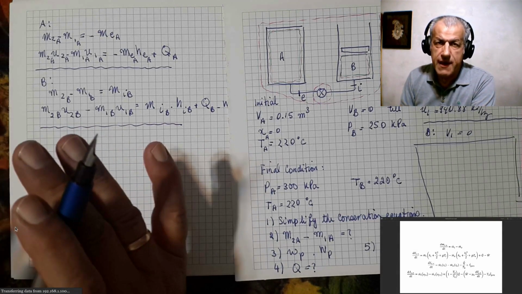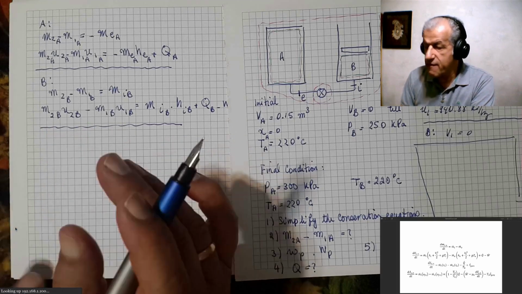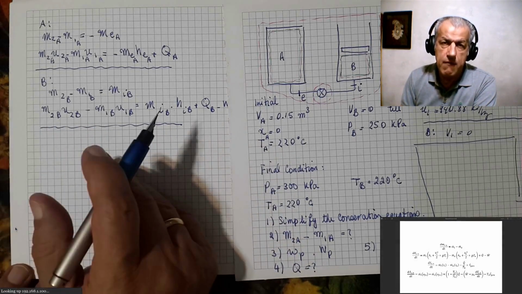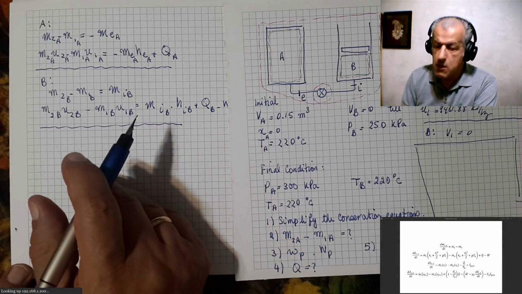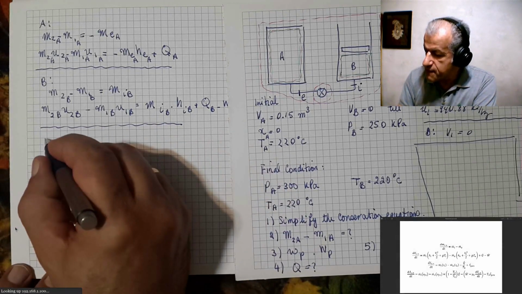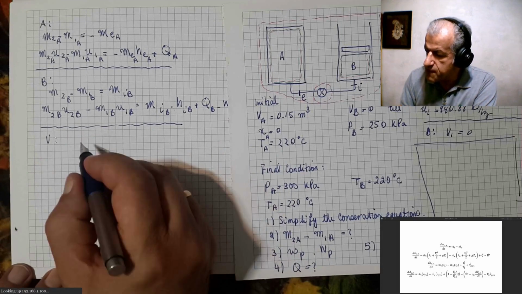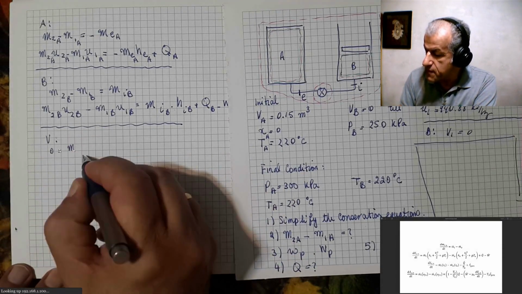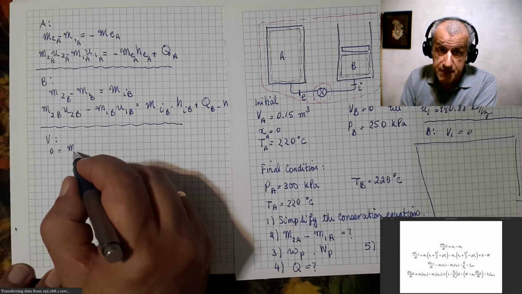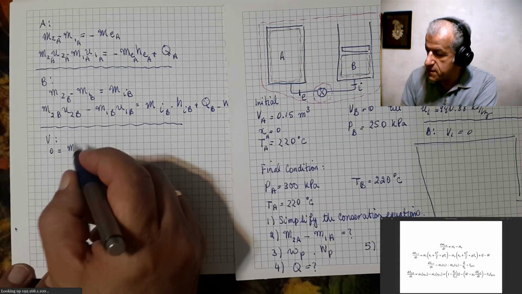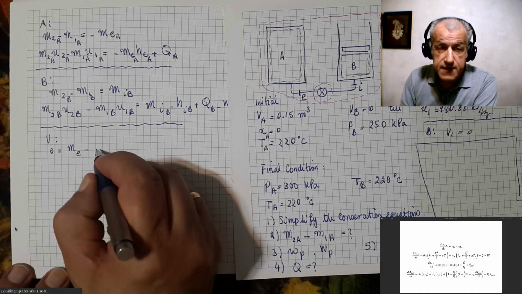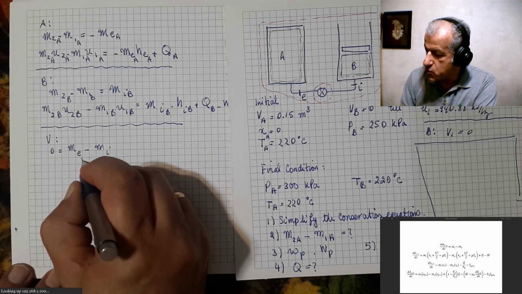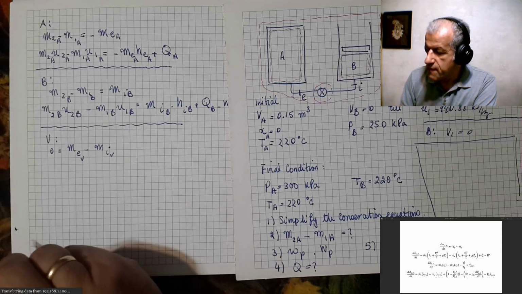So no mass is stored in the valve, and therefore M2 and M1 are both 0. And for the valve, we denote it by V, 0 equals the entering mass, which is ME, minus the exit mass, which is MI. Both are for V.